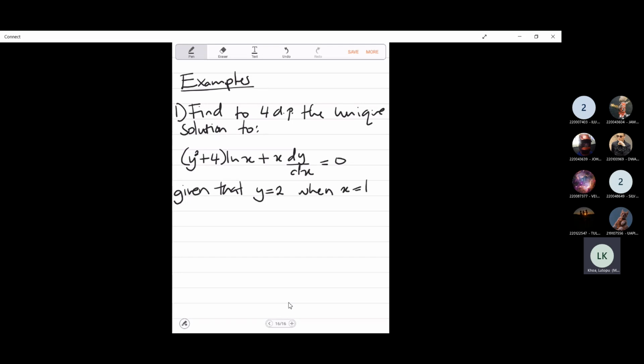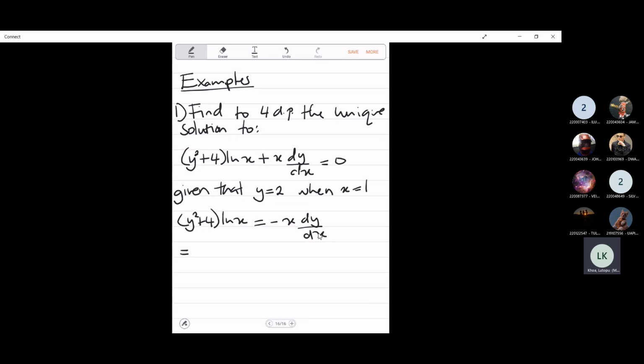Okay, so first we must find the general solution, and the way to do this is to separate the variables. So I can rewrite this as y squared plus 4 ln of x is equal to minus x dy/dx. Then I want all the terms with x on one side, so I'll divide by minus x and multiply by dx.